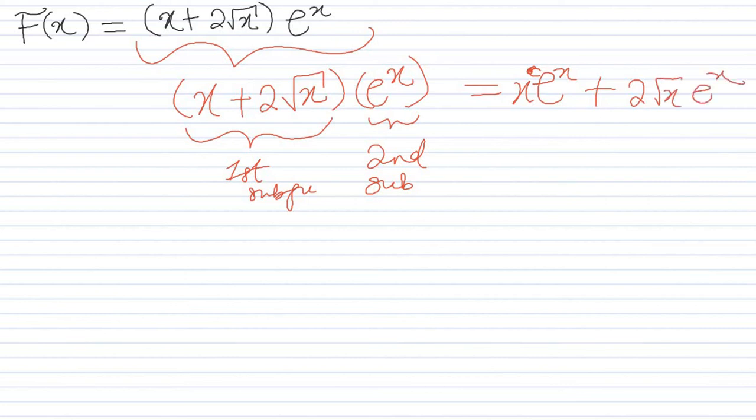You can do that as well, but I would advise that we do not multiply through, because if we do, we're going to be doing 2 different product rules. We're going to apply a product rule to this and apply a product rule to this, but we don't want to do that.